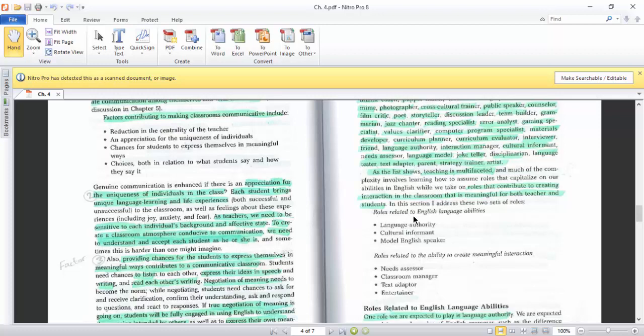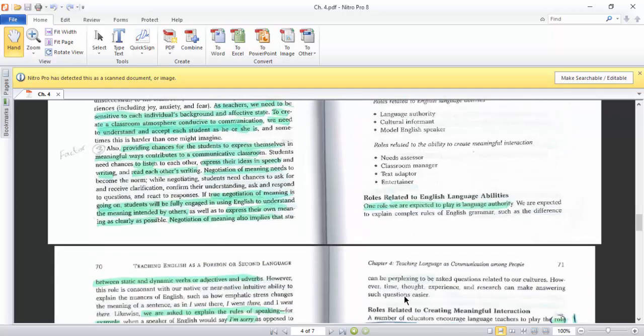Roles related to English language abilities: language authority, cultural informant, model English speaker. Roles related to the ability to create meaningful interaction: needs assessor, classroom manager, text adapter, entertainer.